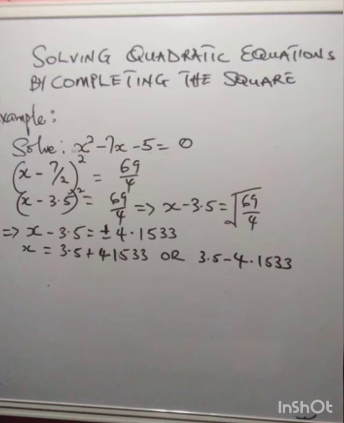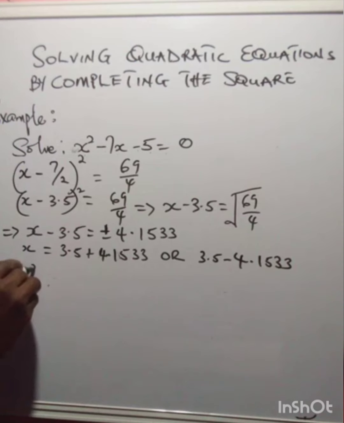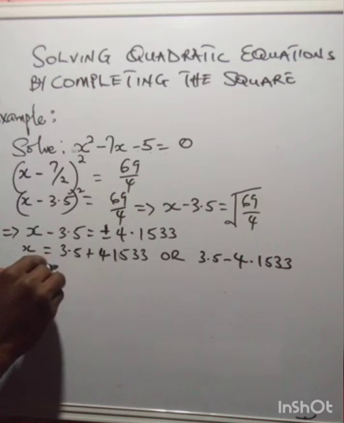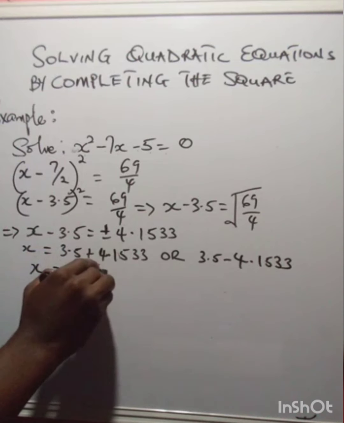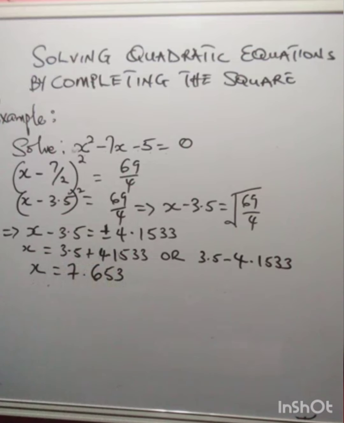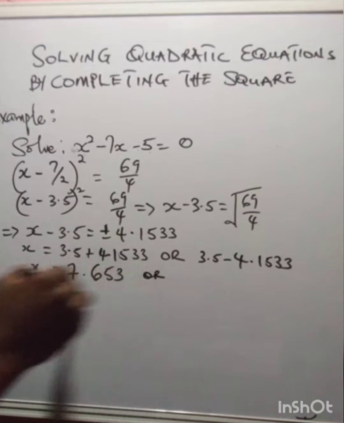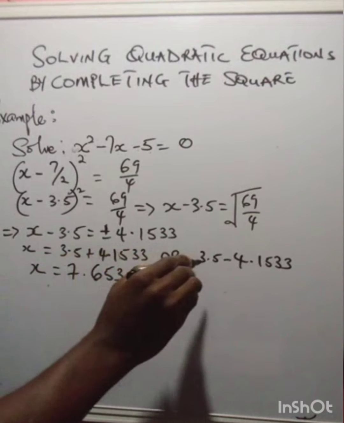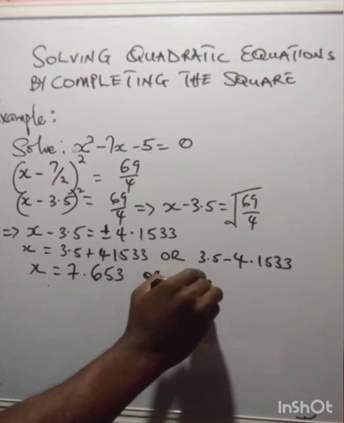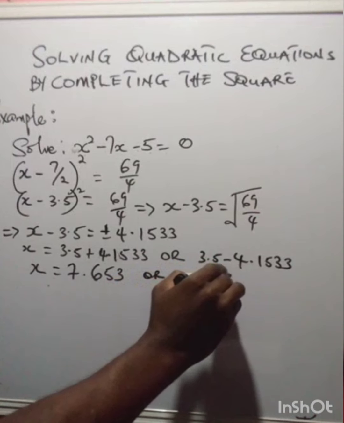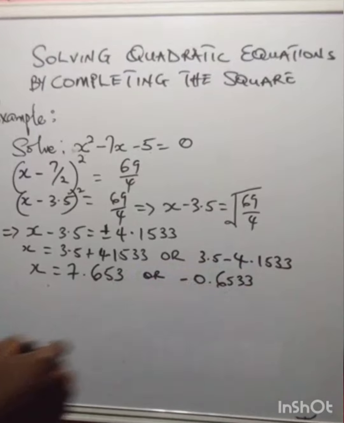Okay, when we add, we have x equal to 7.653, or when we subtract, we have minus 0.6533.